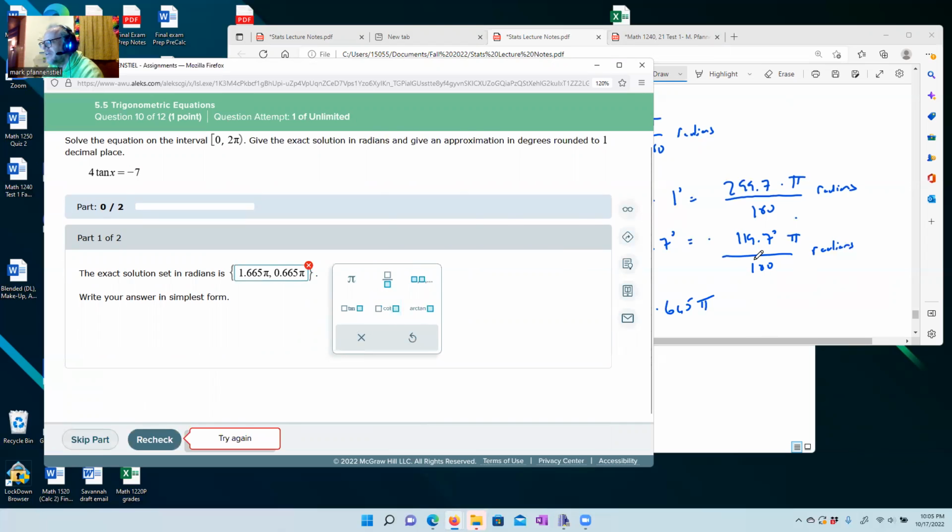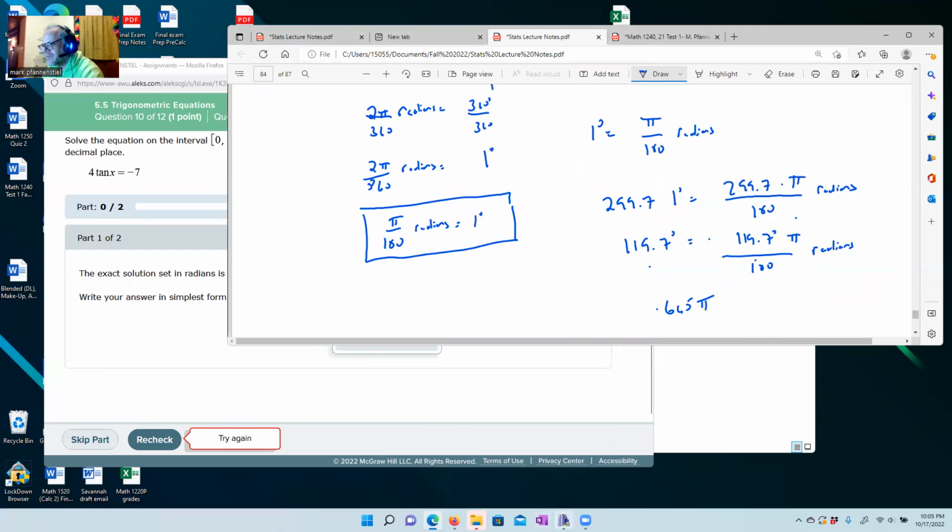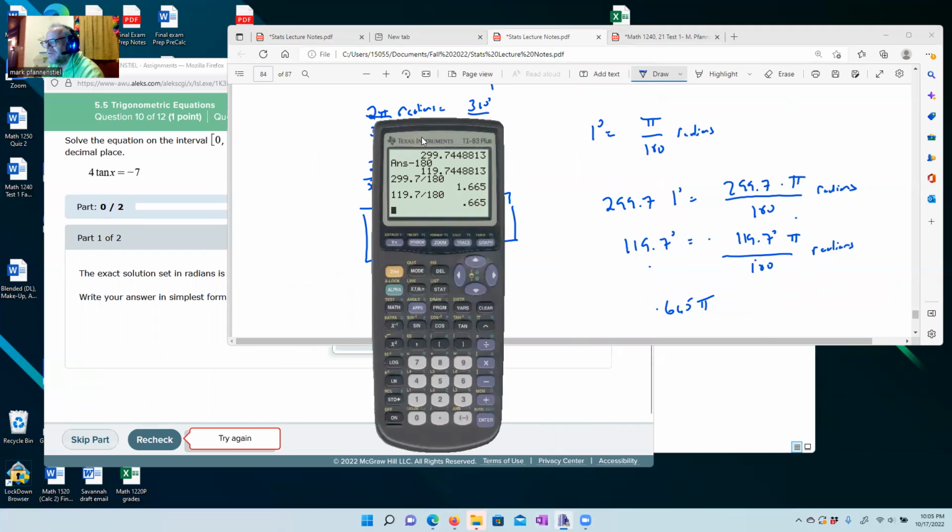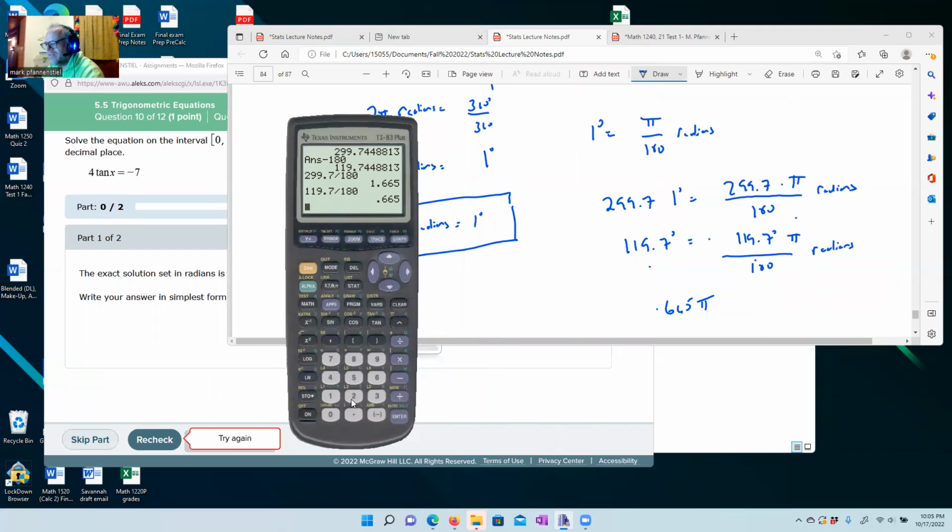It didn't like it. So we'll change our mind and say, okay, well, we want 299.7, times second function pi. They don't want the pi, they just want the number.